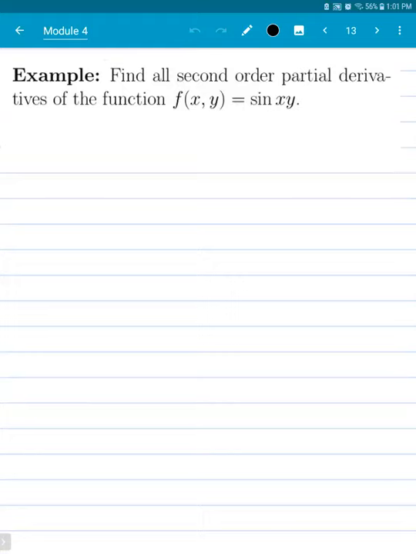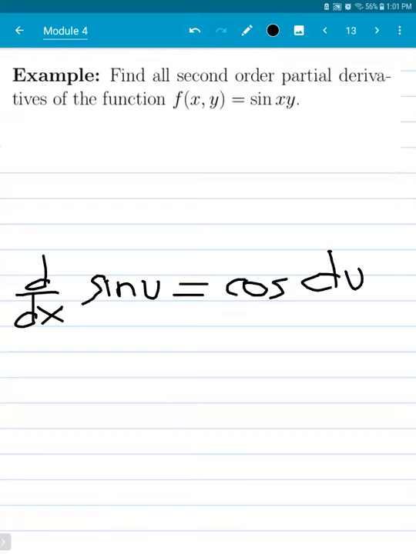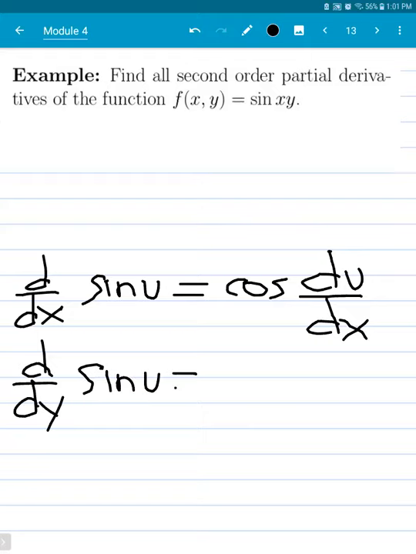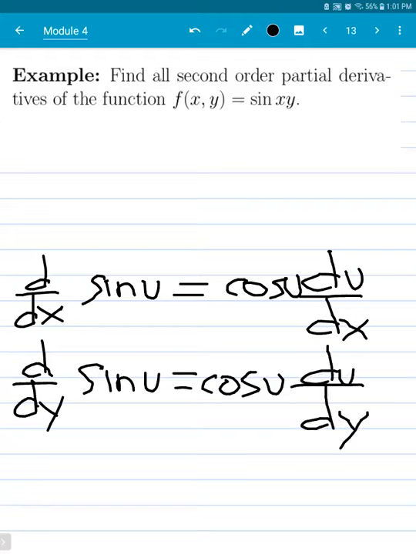Now, if we apply the chain rule, we know that the derivative with respect to x of sine u is equal to cosine u times du/dx. And if we do it with respect to y, the derivative of sine becomes cosine u times du/dy. For partial derivatives, we have two variables, so u can be in terms of both x and y.